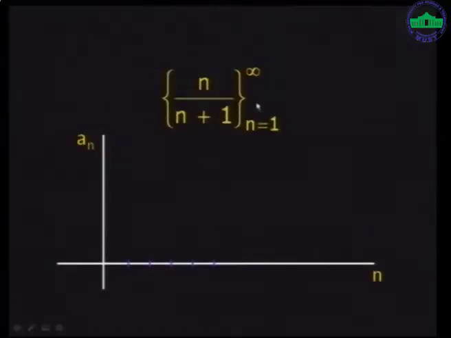For example, this is a sequence which is called monotonic increasing, because it goes up all the time until it ends up here with what is called the limit of the sequence. The sequence goes up, and then it's bounded above. Why is it bounded above? It's bounded above by 1 here, because n is always less than n plus 1. So it's monotonically increasing and bounded above.